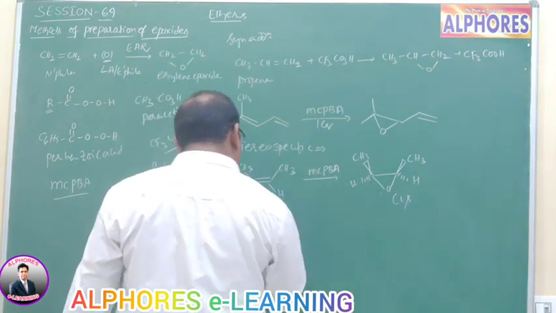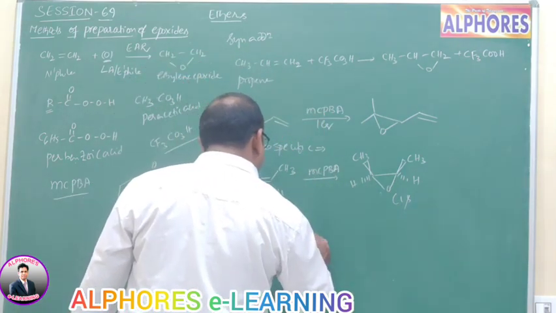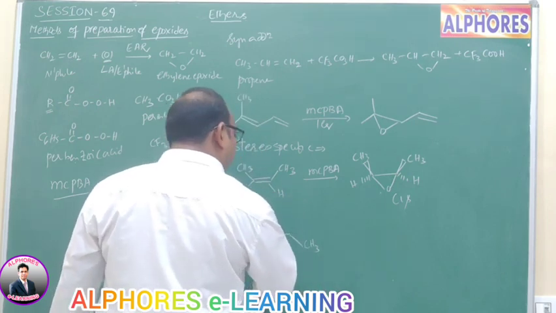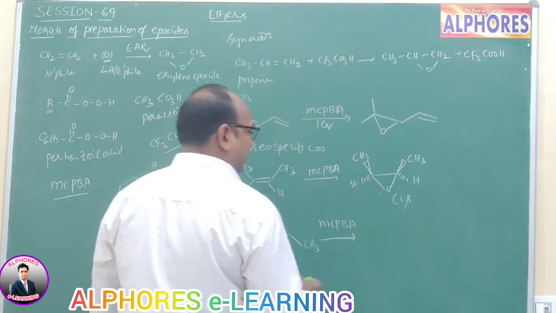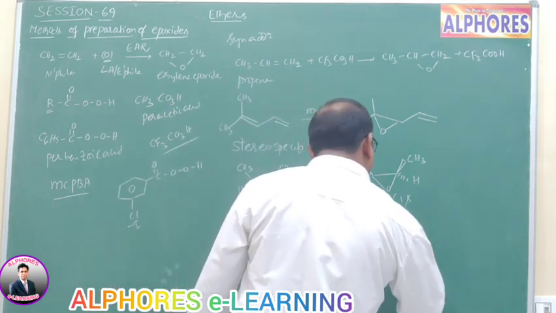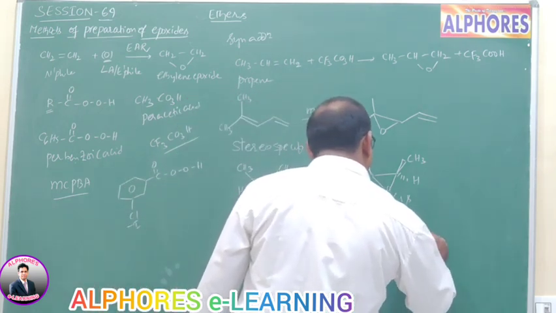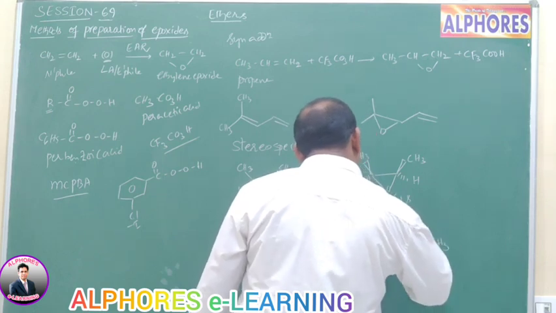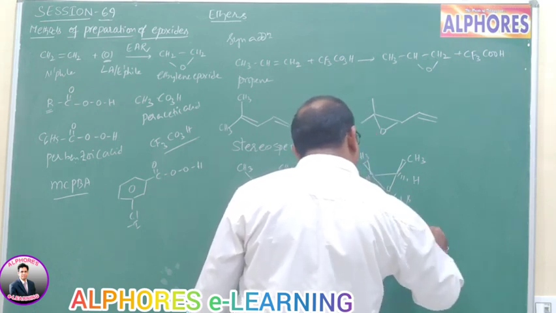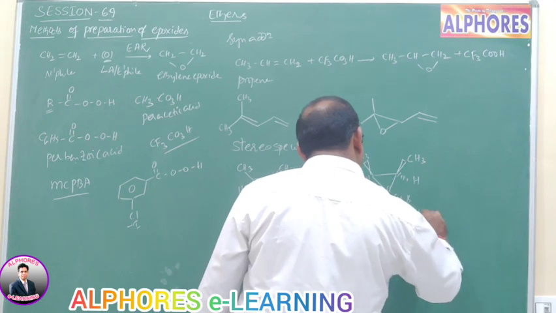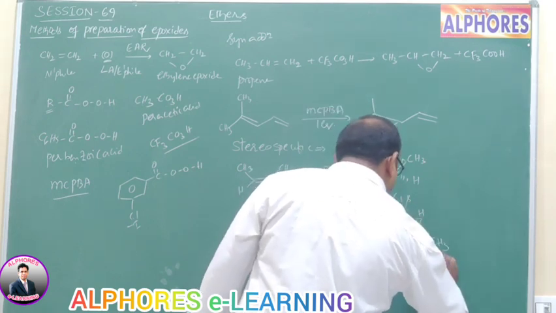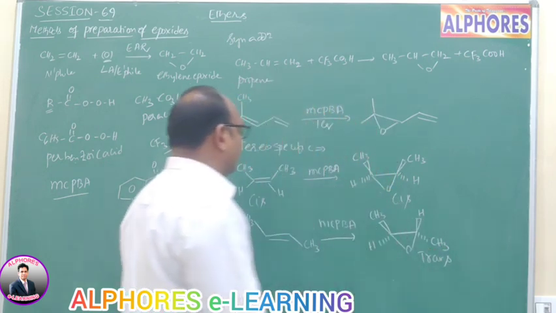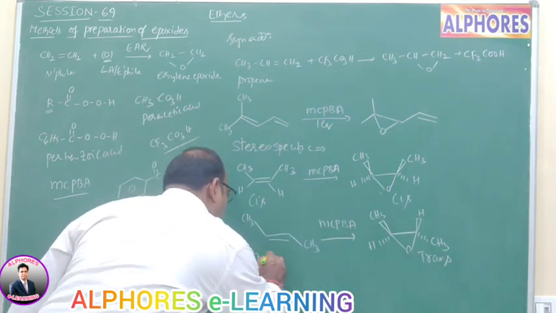Similarly, if you consider a trans alkene, with CH3, this one upon treatment with MCPBA, metachloroperbenzoic acid, we get the product here. Both the methyl groups are trans with respect to each other. So a cis reactant gives a cis product only, a trans reactant gives a trans product only.